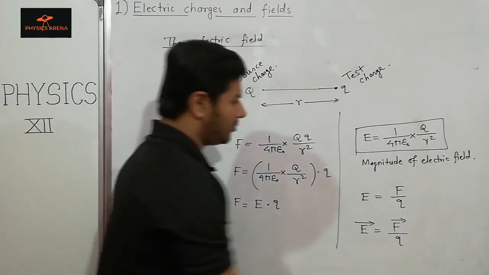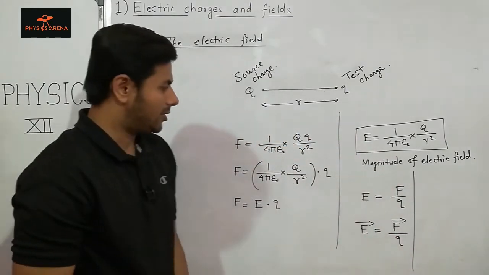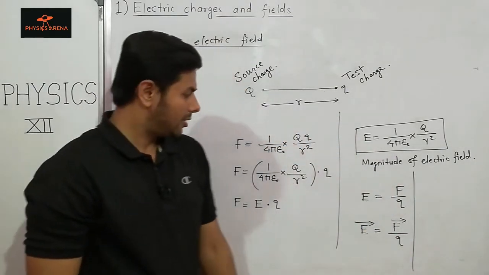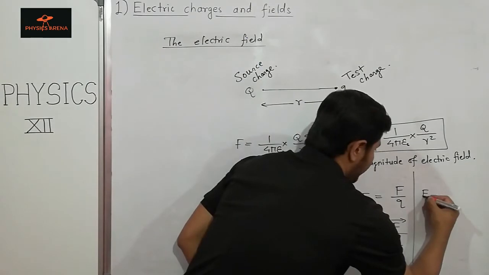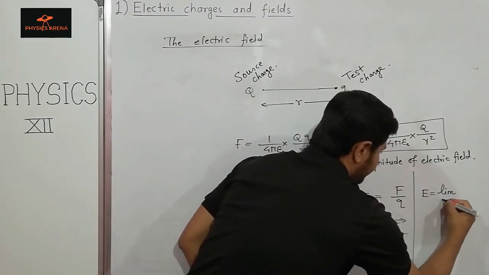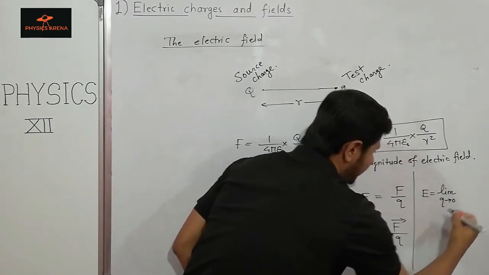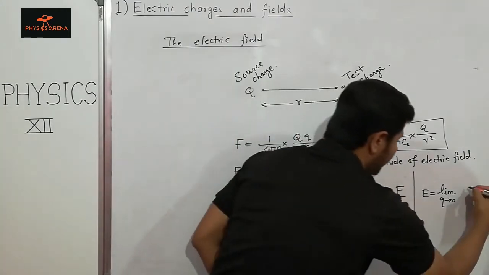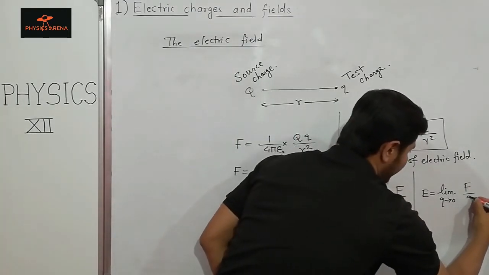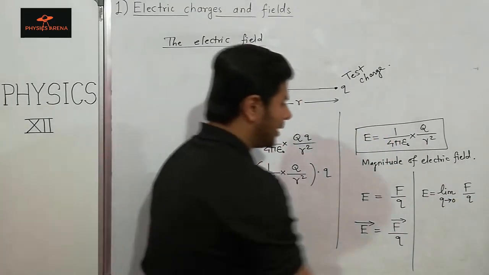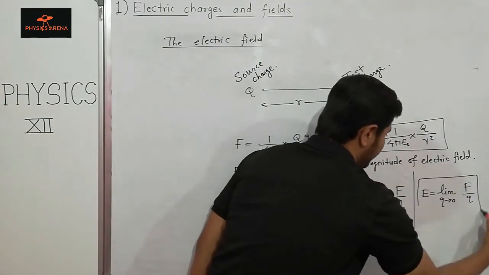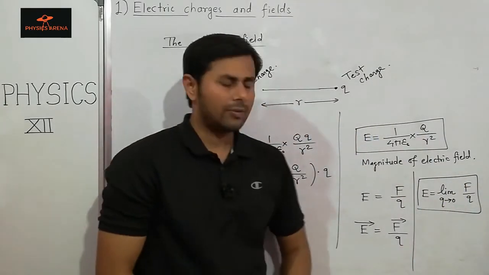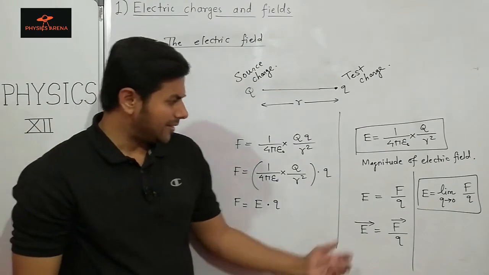So let me write a formal definition of electric field. It is equal to the limit as the test charge tends to 0 of the force experienced by the test charge divided by the magnitude of the test charge. This is the formal way of writing electric field. And why is that?